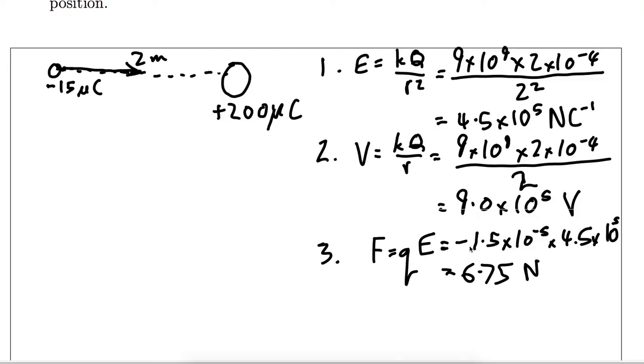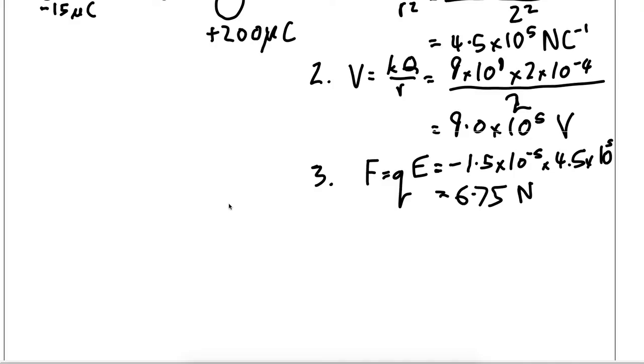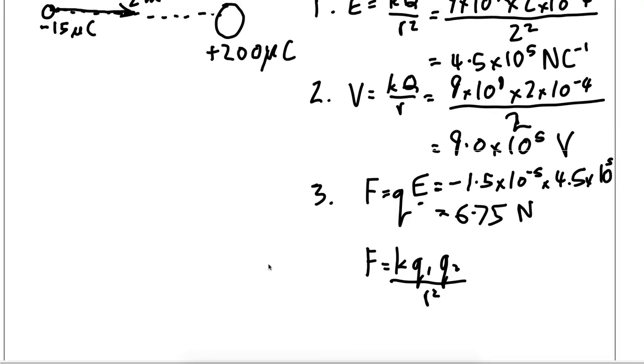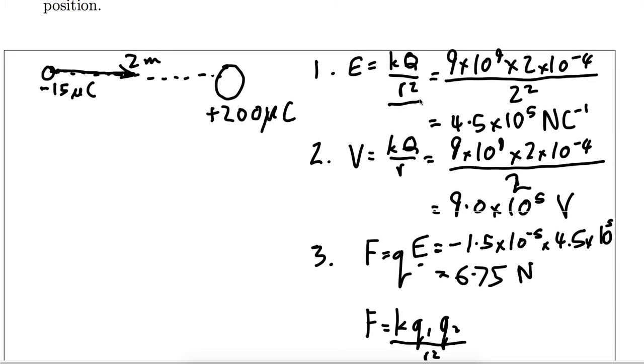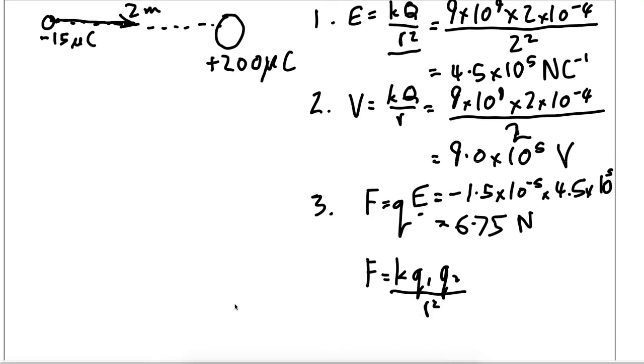So that's one way of doing it. The other way of doing it is using our different equation, which is F equals K Q1 Q2 over R squared. Now, if you actually look at what you're doing there, you're basically taking the F equals QE, but that E is just KQ over R squared. So you've basically just done the same thing either way. You've either substituted in the E or not.